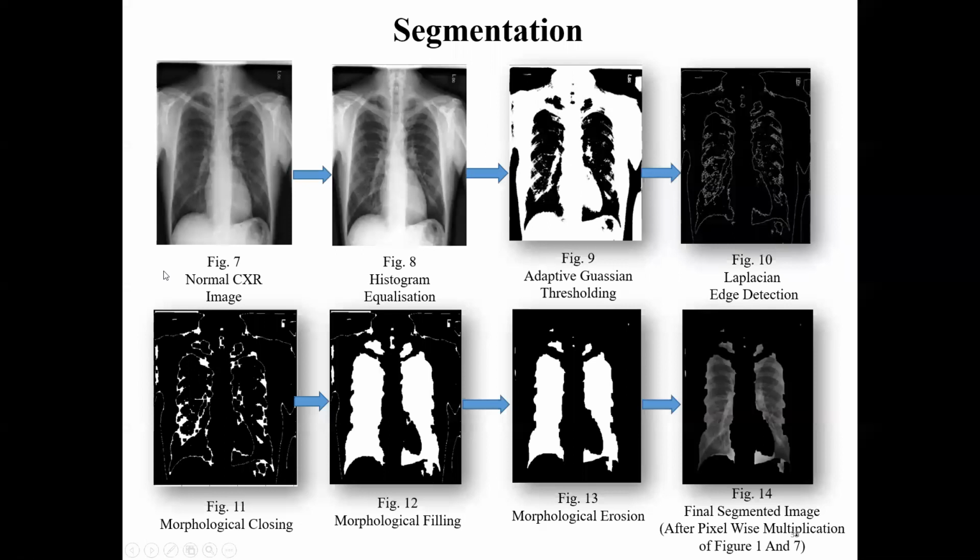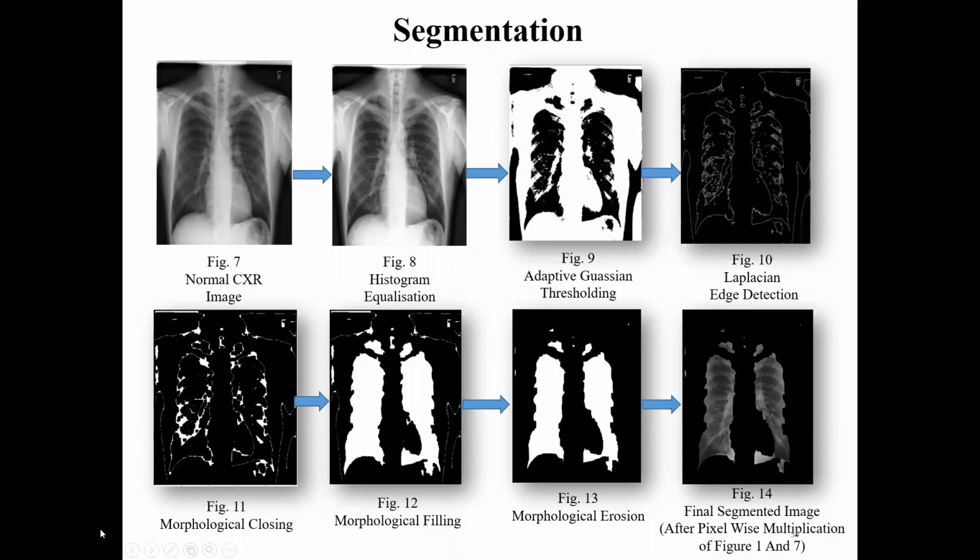And here is the normal chest X-ray image, and when histogram equalization is applied, the histogram equalized image is shown in figure 8, figure 9. We have done an adaptive Gaussian thresholding, and finally a Laplacian edge detection gave figure 10.